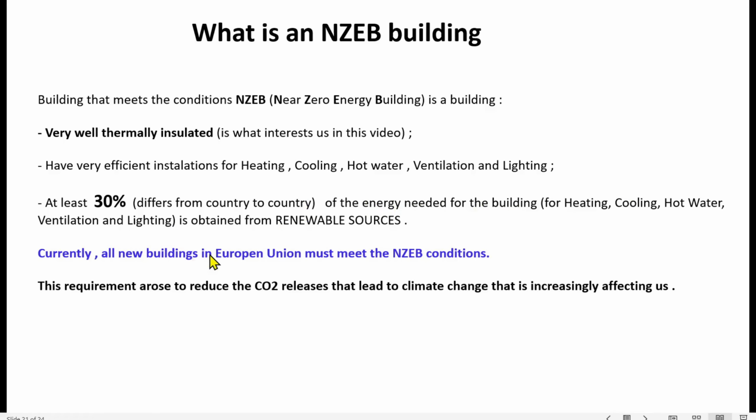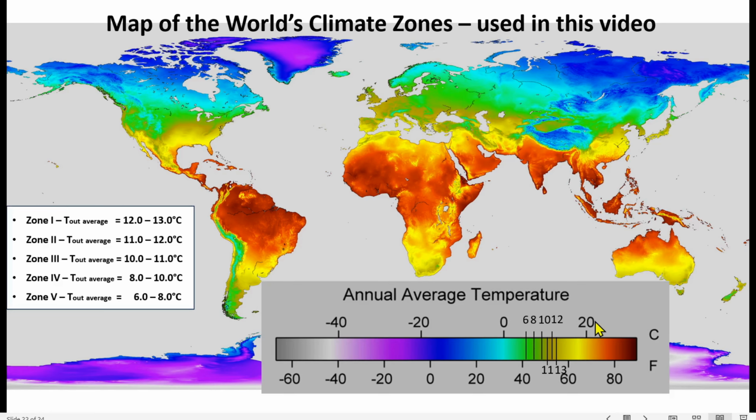Currently, all new buildings in the European Union must meet the NZEB conditions. These requirements allow us to reduce the CO2 releases that lead to climate change that is increasingly affecting us.